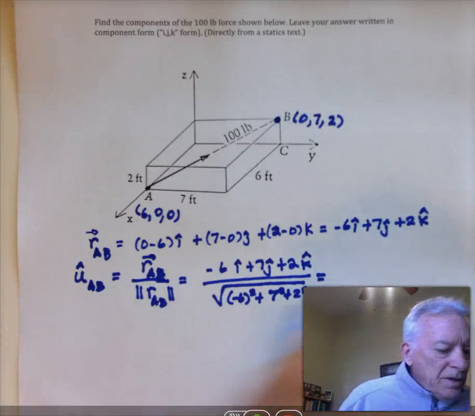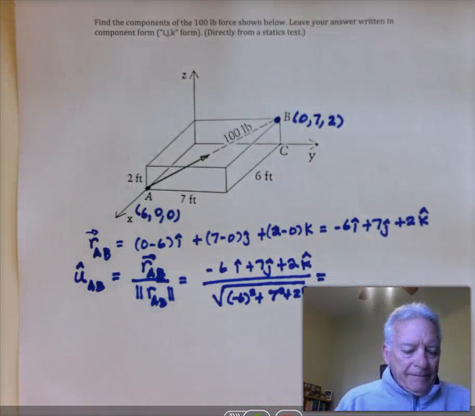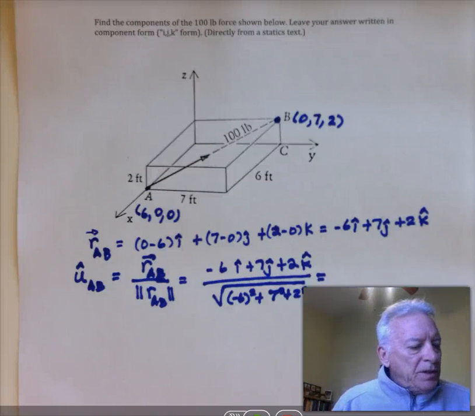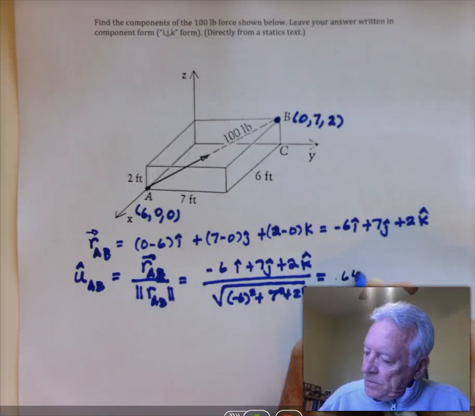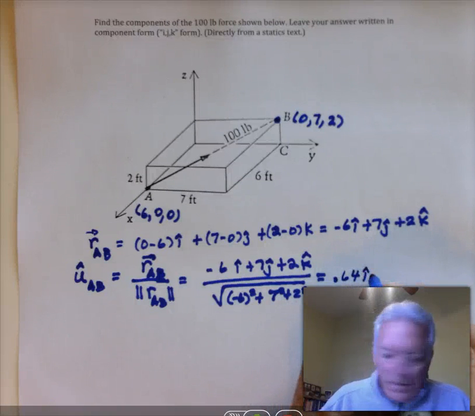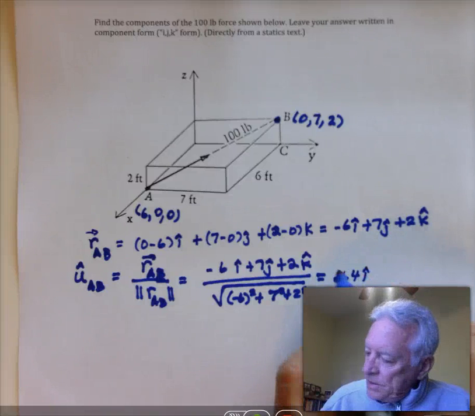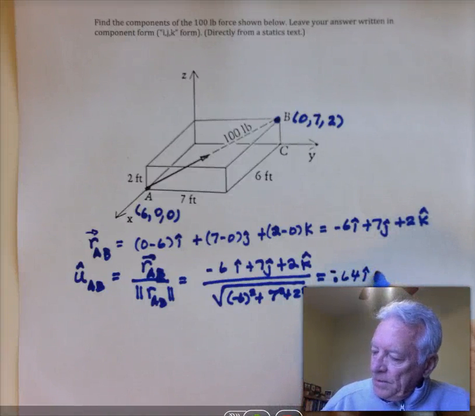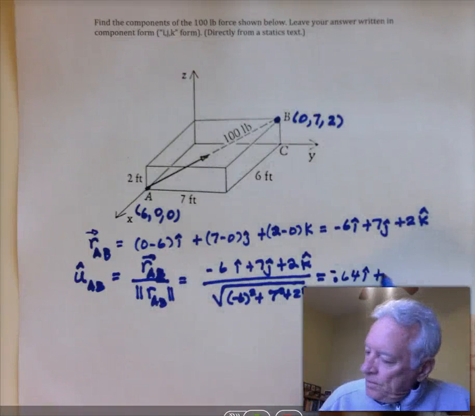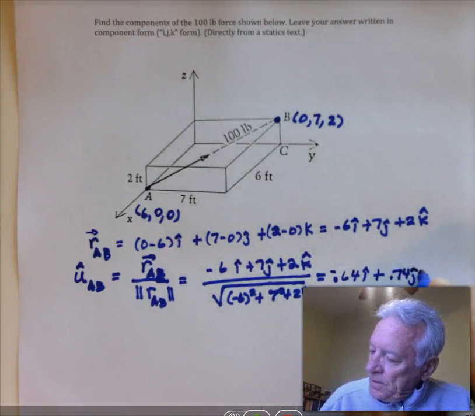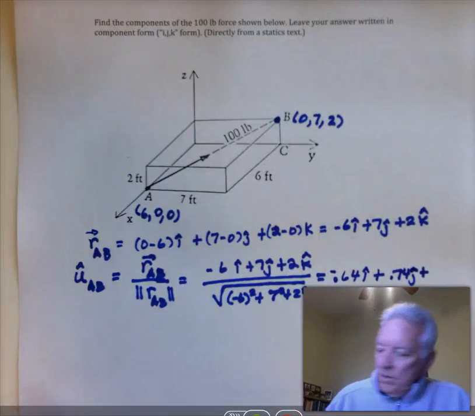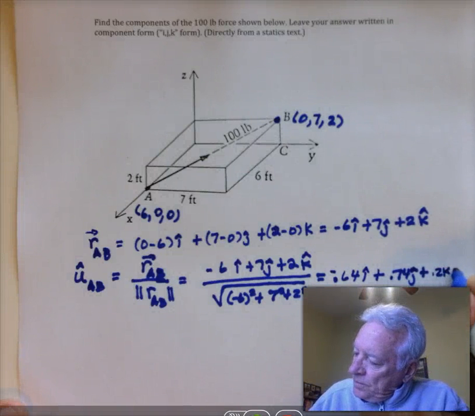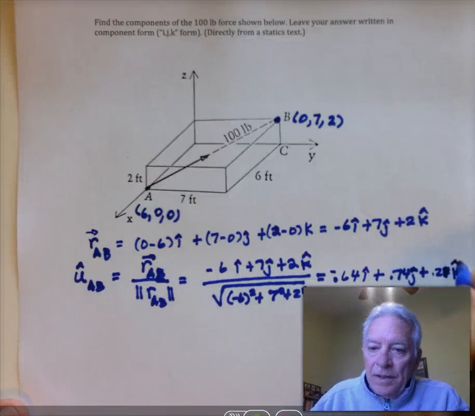To 2 decimal places, this gives us negative 0.64i plus 0.74j plus 0.21k.